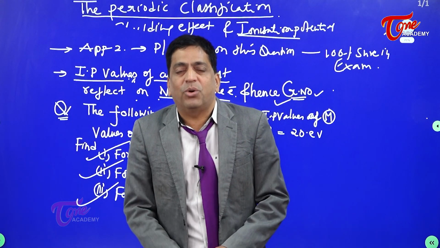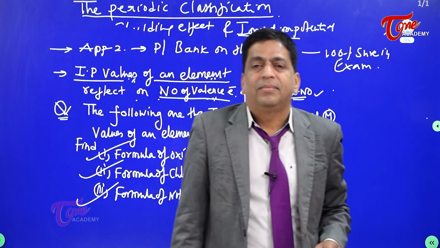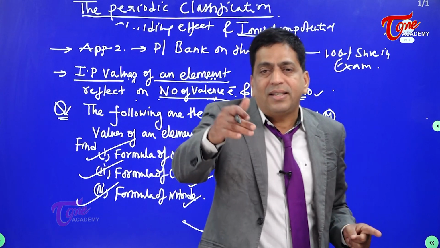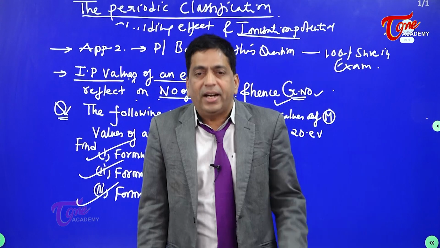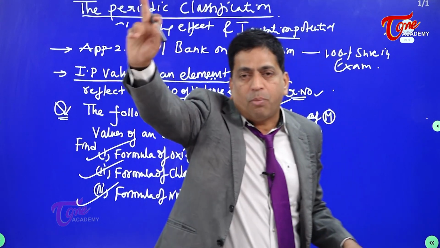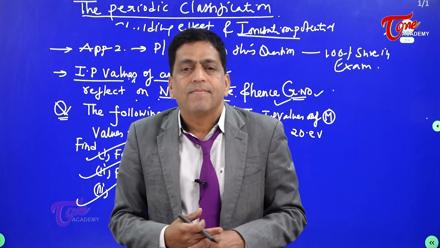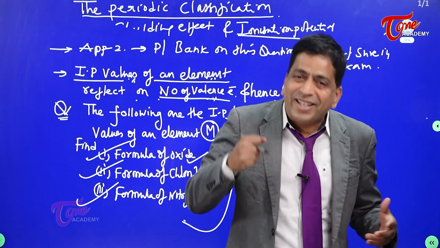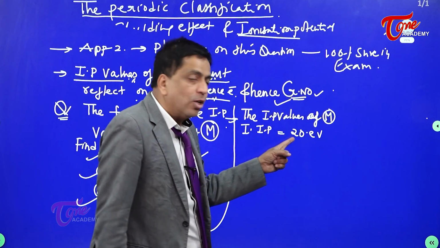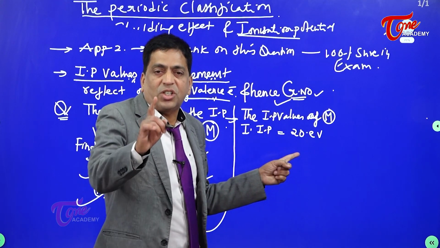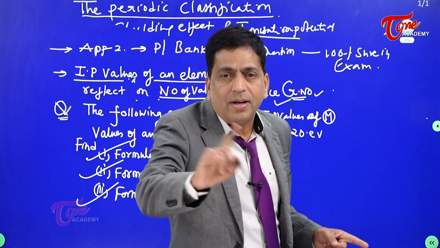And remember, if you recollect the definition of ionization potential, you have done some work in bringing this electron from infinity to a point where the nucleus is holding it, and in the process you have spent some energy. So the same energy someone should give to kick it out. So that is 20 electron volts, the first ionization potential, the energy required to remove the first electron from the outermost shell.